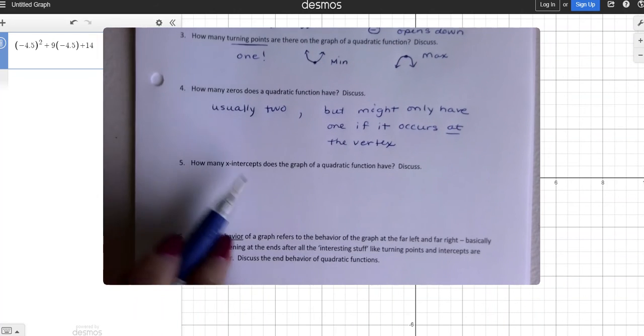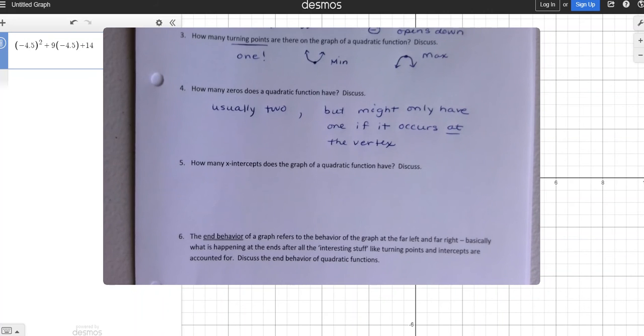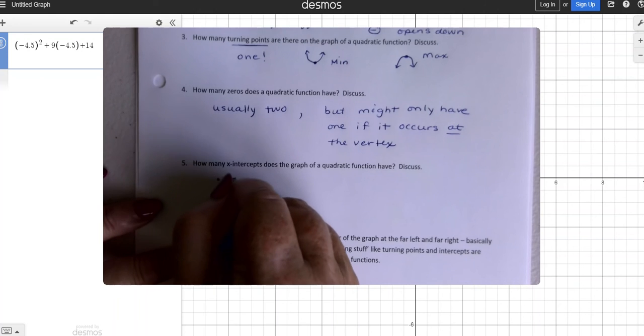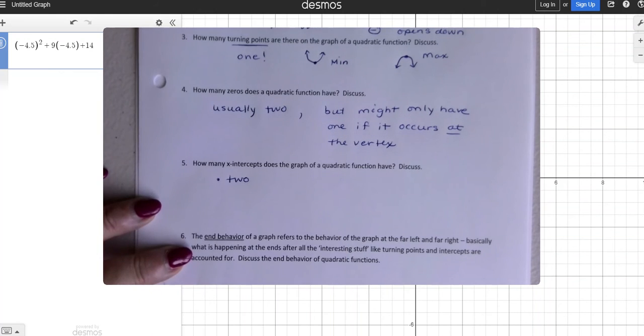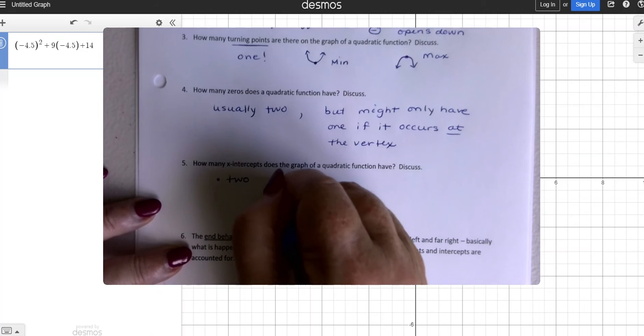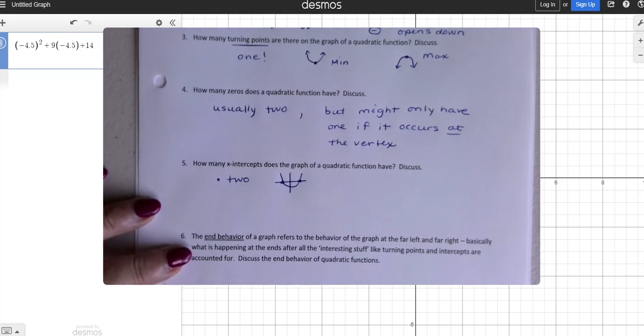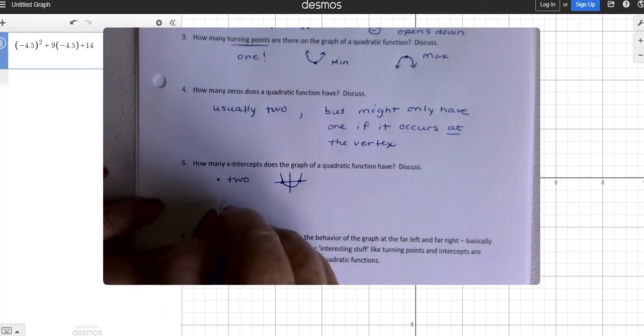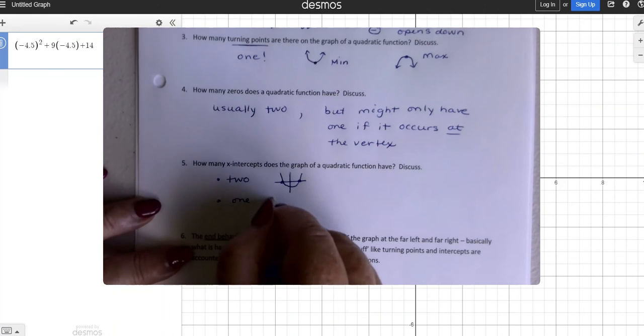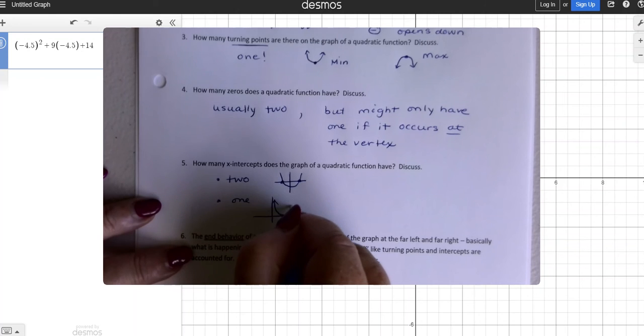Now the zeros, remember, are very closely related to the x-intercepts, but they're not exactly the same. There's actually 3 possibilities for x-intercepts. Oftentimes we saw that we had 2, right? Something like this. If the zero was right at the vertex, then we might have only had 1. Something like that.